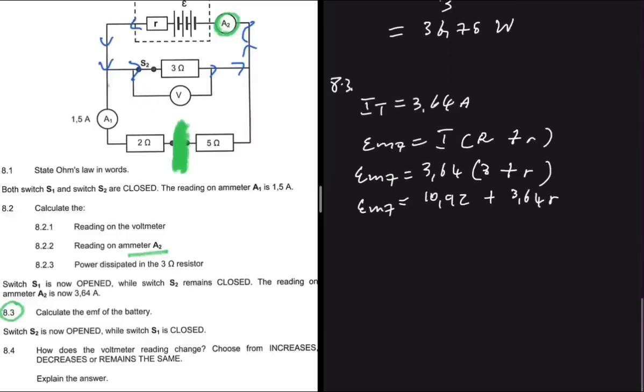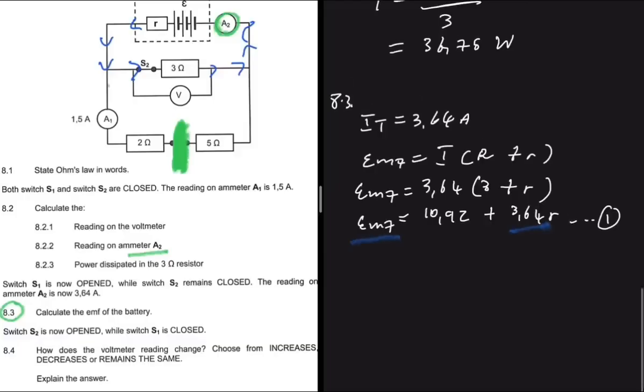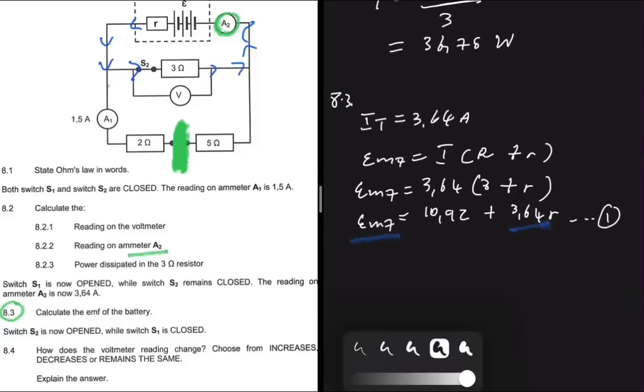As you can see, we're looking for the EMF, but we don't have the internal resistance. So we're stuck. We have one equation and two variables. So we can call this equation 1 and try to find another equation so that we can solve simultaneously. This is when IT is equal to 3.64 amperes.